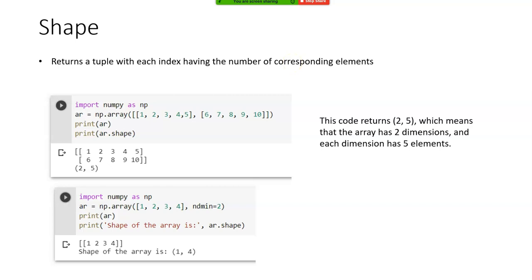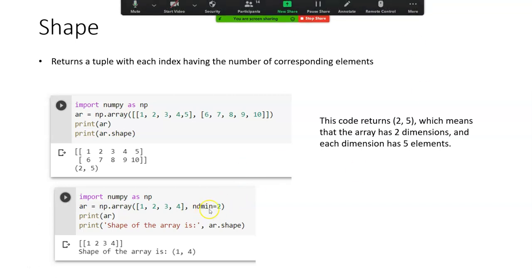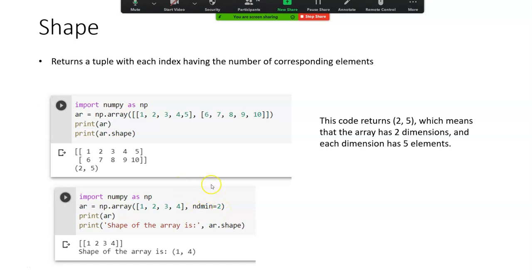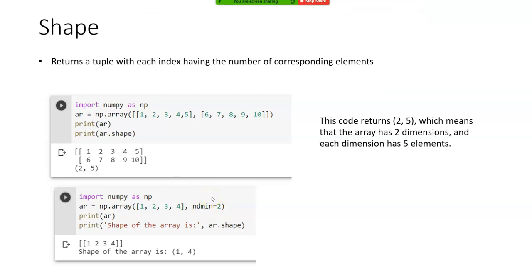So shape helps us understand the dimension in the array and how many elements are there in each dimension. And similarly, I can create an array using the ndim keyword, and use ndim to understand how many dimensions are there in the array.